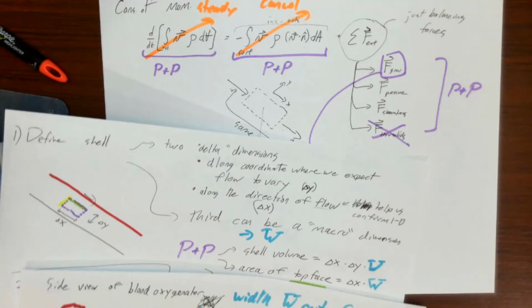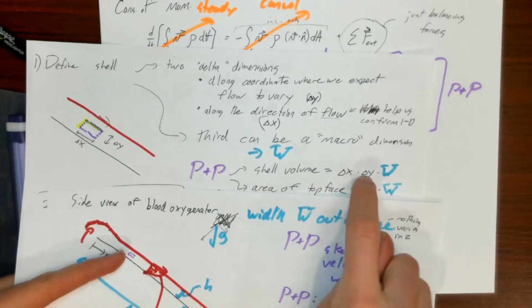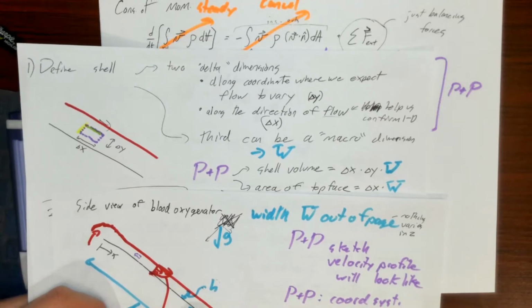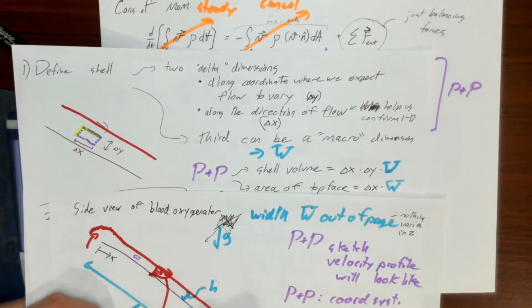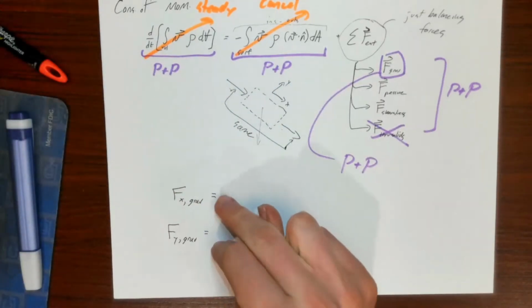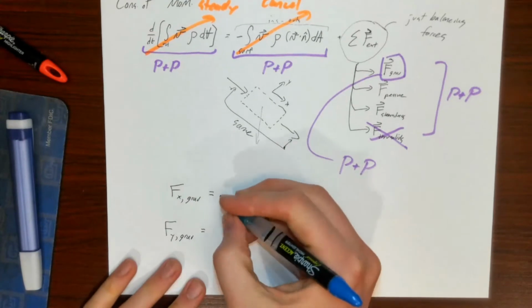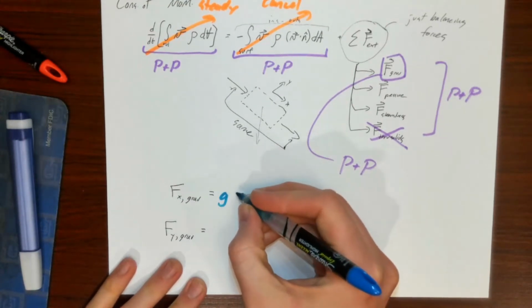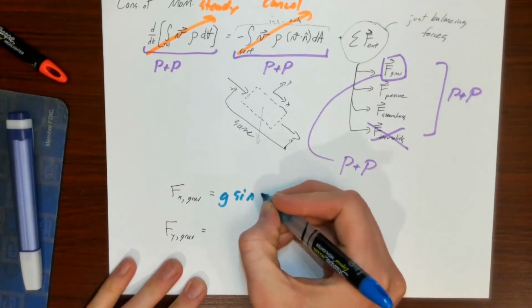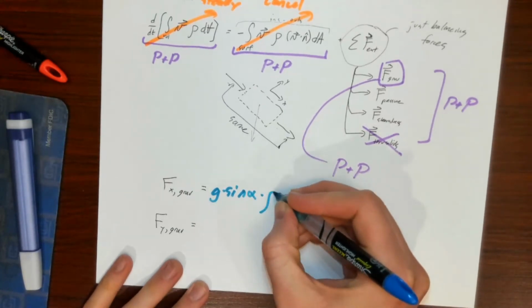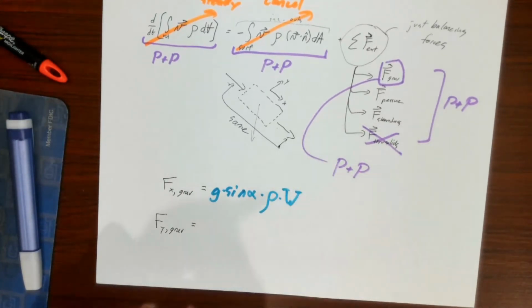So we can take density, multiply it by the shell volume, multiply it by g, take a sine or a cosine of alpha, think about whether it's plus or minus, and then that will give us these gravitational forces. So here they are. The x gravitational force is going to be g sine alpha times density times W times delta X times delta Y.